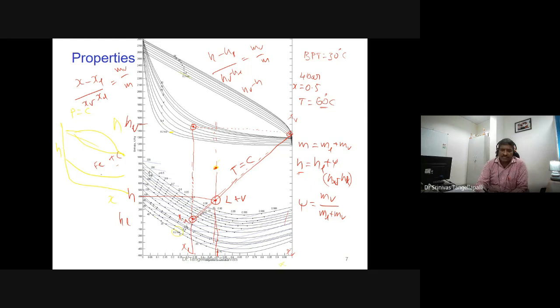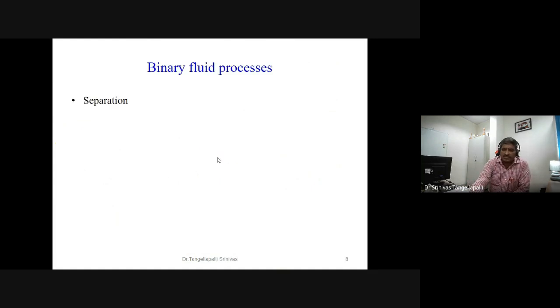That's why you define low carbon, medium carbon, high carbon. Are you recollecting that lever rule? Yes, sir. Same here also, we are applying the same lever rule. For liquid A plus B we are applying it, and based on this lever rule we are solving the process.